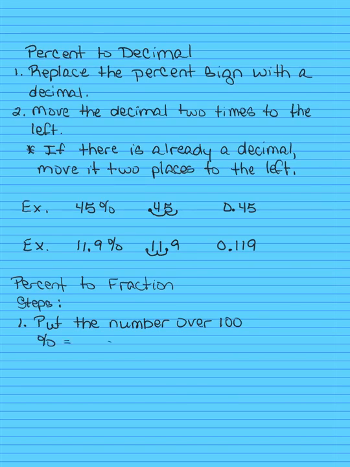The percent that you're given, that you're changing to the fraction, is the numerator. And 100, which means percent, is the denominator. And then, of course, you're going to simplify if necessary.